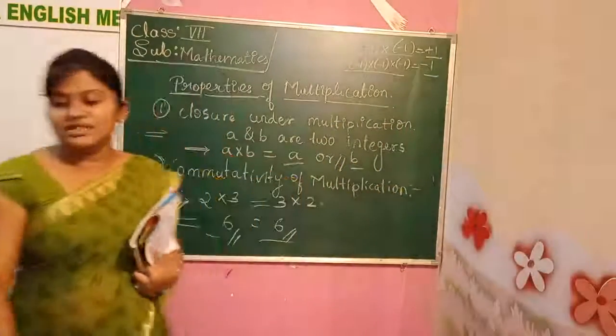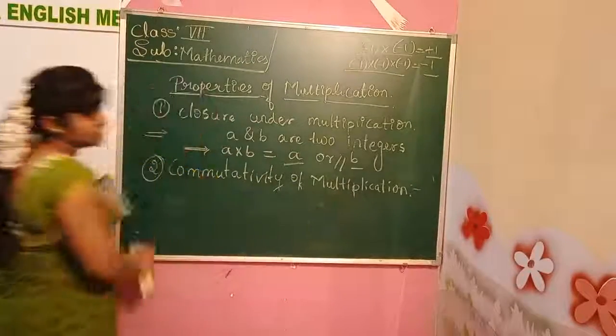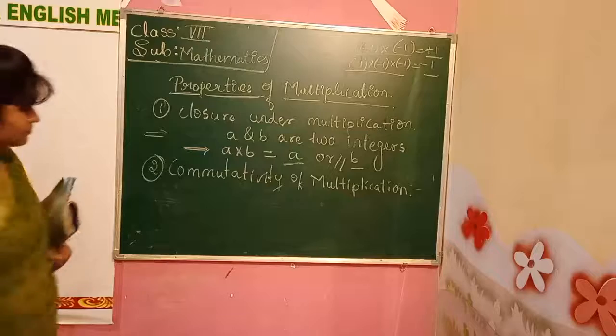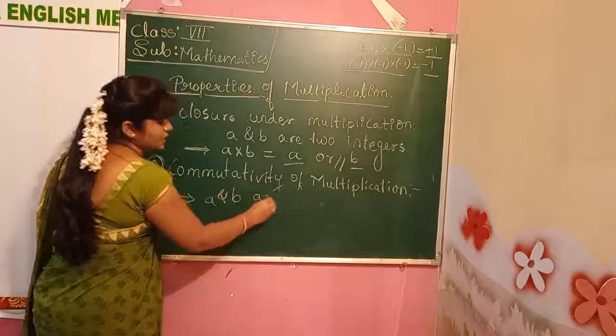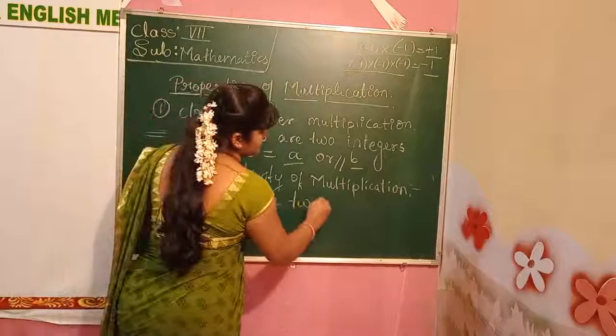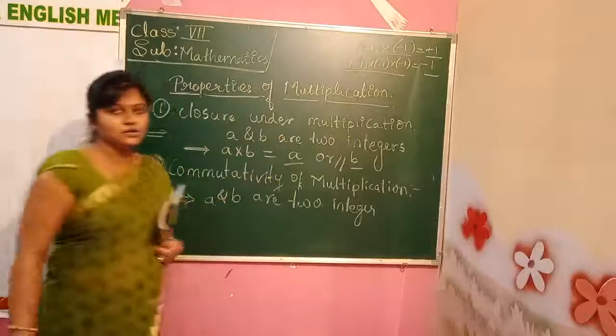In the statement form, A and B are two integers.